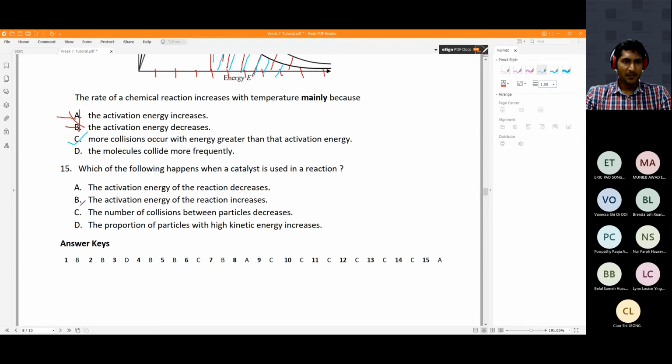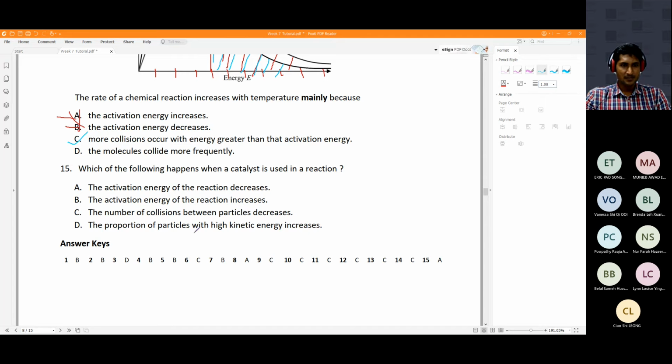Question number 15. Which of the following happens when a catalyst is used in a reaction? The activation energy of the reaction decreases. The activation energy of the reaction increases. The number of collisions between particles decreases. The proportion of particles with high kinetic energy increases.